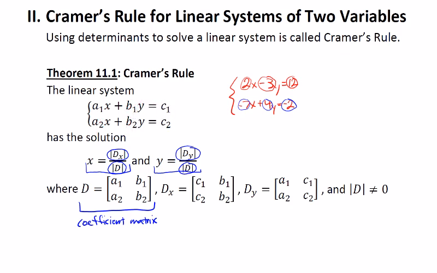There we go. And a1 and b1 are coming from the first equation, and a2 and b2 are coming from the second equation. So the first row of matrix D is always associated with that first equation. The second row will always be associated with the second equation.